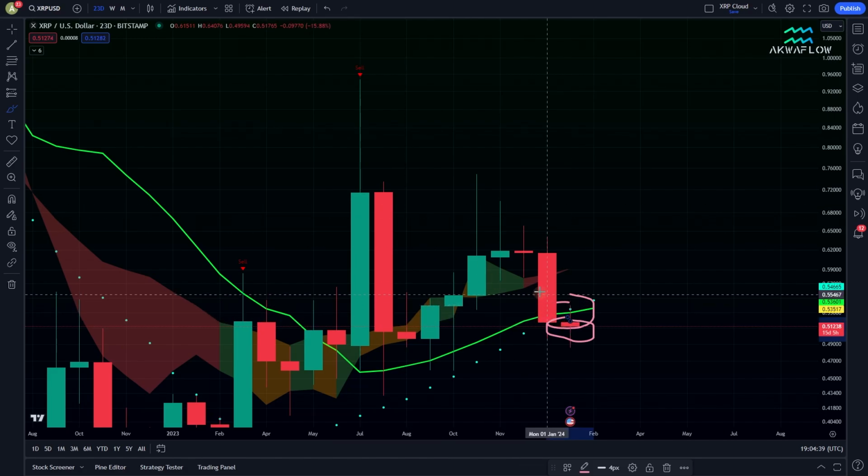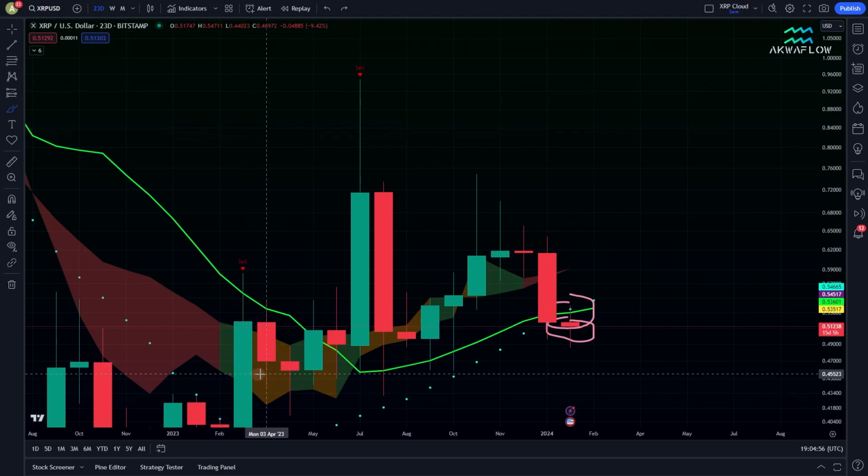You can notice that for the very first time in a long time, the candle closed below the clouds, because after the breakout with this huge green candle, all the closing prices of the candles are inside or below the cloud. And for the very first time in a long time, we have the close below the cloud.